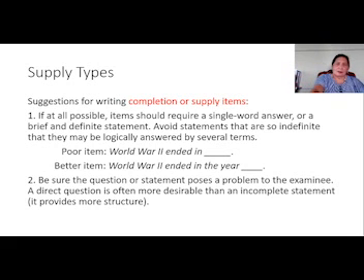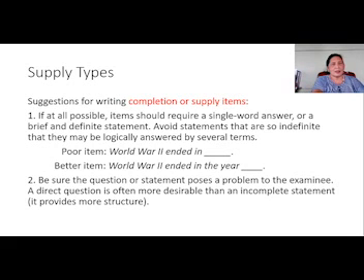First, if at all possible, items should require a single word answer, to facilitate checking, or a brief and definite statement. We are cautioned against making statements that are so indefinite that they may be logically answered by several terms.